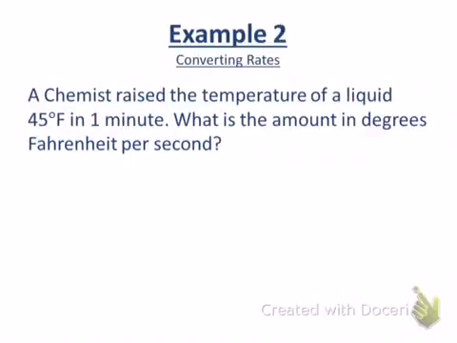A chemist raised the temperature of a liquid 45 degrees in 1 minute. What is the amount in degrees Fahrenheit per second? Okay. So the chemist raised this thing 45 degrees Fahrenheit in 1 minute.